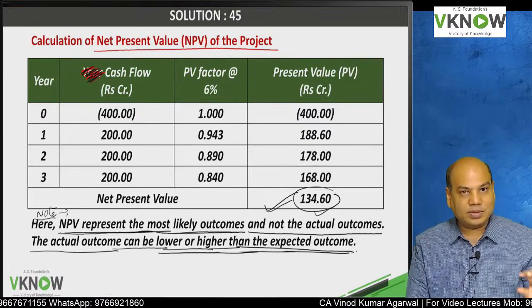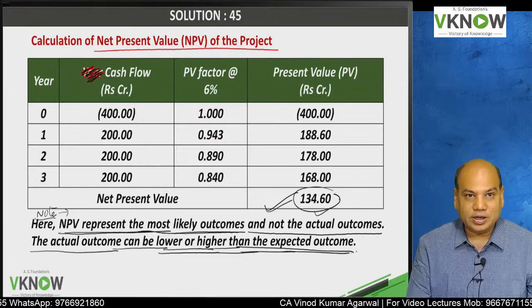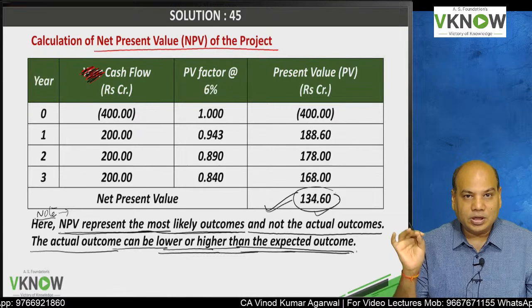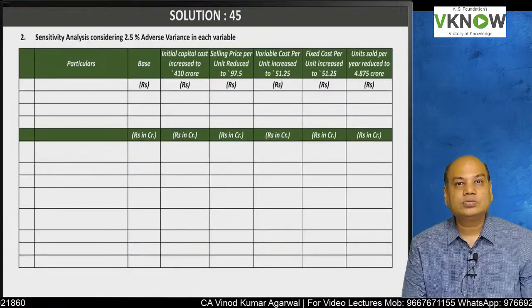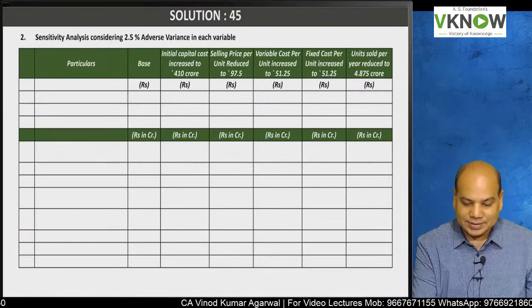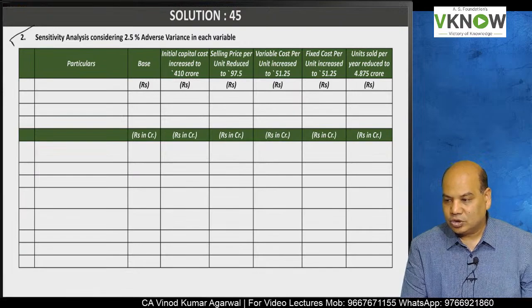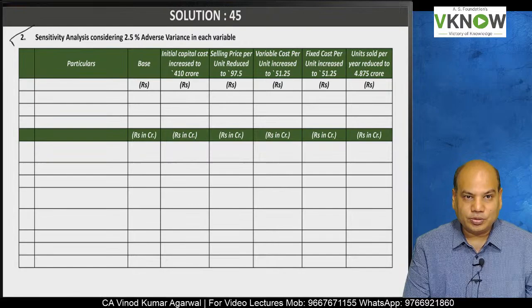So if the variables change adversely, how will my NPV be affected, and which of these is going to affect NPV more? You have to write in the notebook so that you can practice. Practice is very important for exam. Reading the answer will not help you. Solving it will help you.